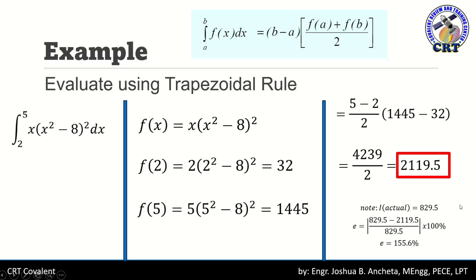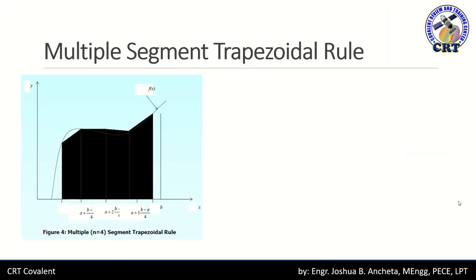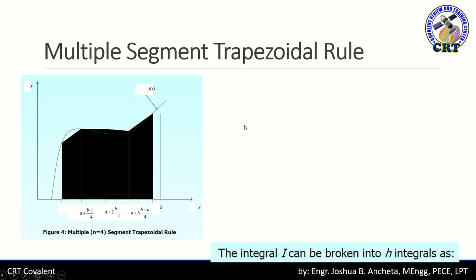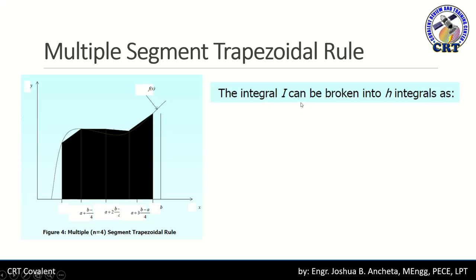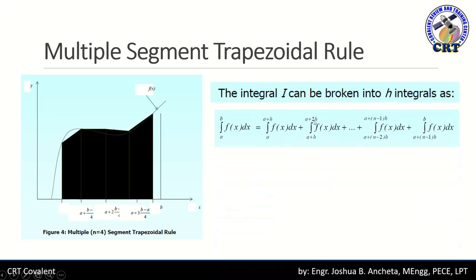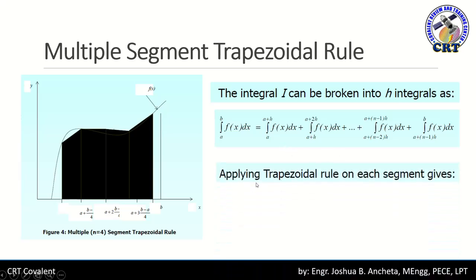To lessen the error, we can use the next method. For the next method, this is called multiple segment trapezoidal rule. The integral I can be broken into n integrals as illustrated here. So you can set several segments and get the integral of each segment, applying trapezoidal rule on each segment.